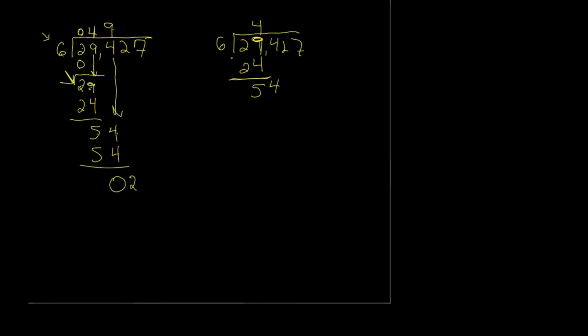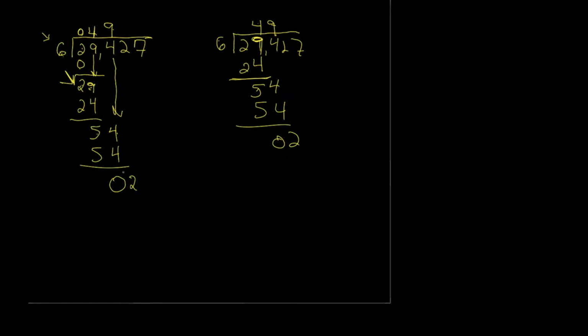I just wanted to show you how these algorithms people do differently. 6 goes into 54 9 times. 9 times 6 is 54. Subtract, bring down the 2. And so this is the new thing we're looking at. Notice how we're repeating and there's a cyclic motion in here. And I'll write down the cycle when we're done. I just want to look at the cycle here.